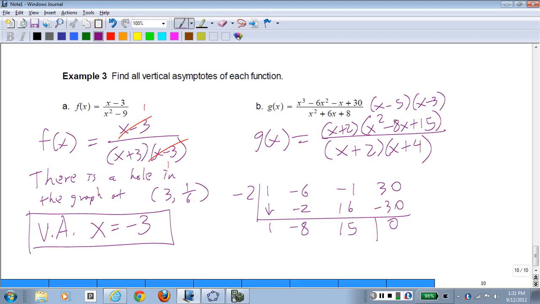What's the vertical asymptote? It's not x equals negative 2, huh? Because negative 2 makes the denominator 0, but also makes the numerator 0. So no vertical asymptote there.